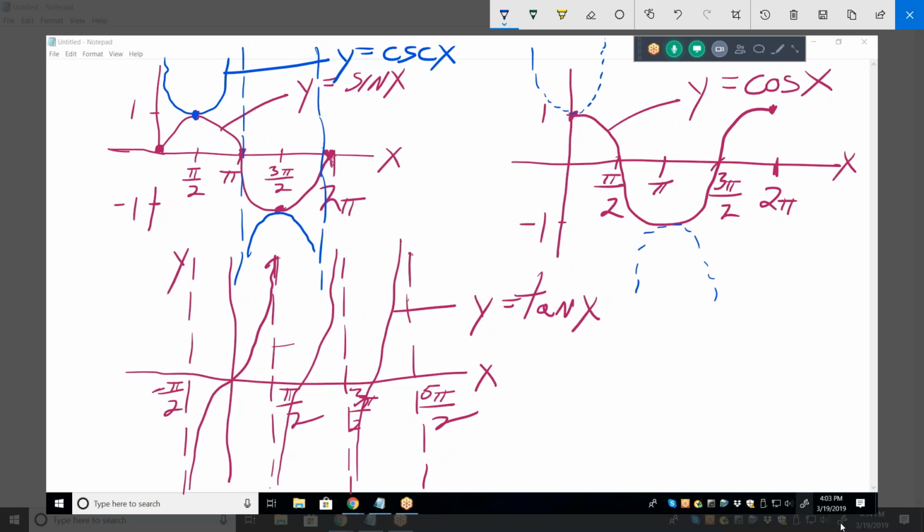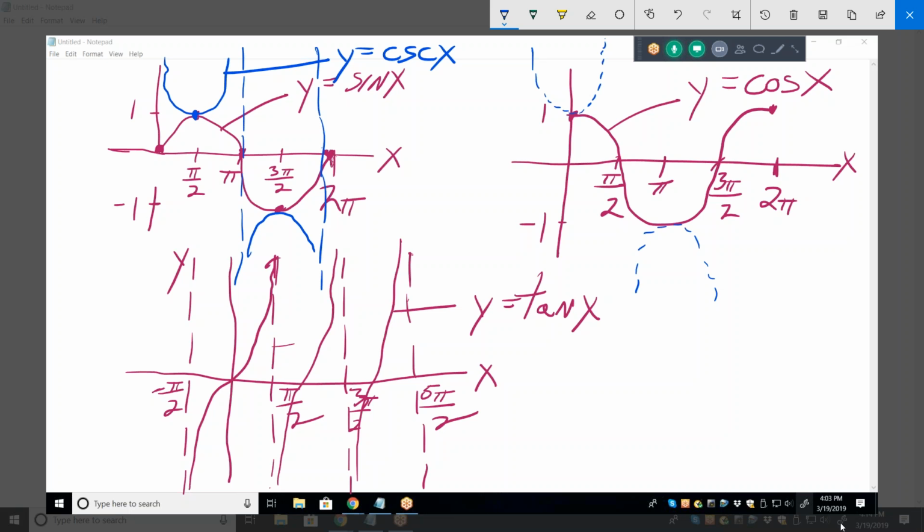Now, when I drew one period of the cosecant over here on the top left, it includes the top and the bottom one. That is one period. In other words, one period of the cosecant is 2 pi long, just like the sine. Their periods are the same.